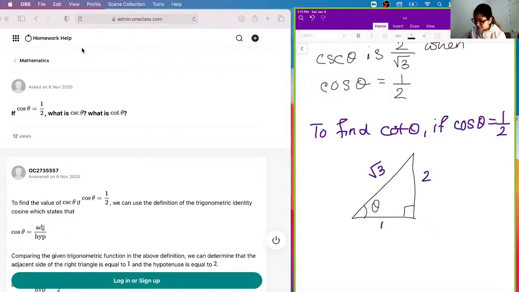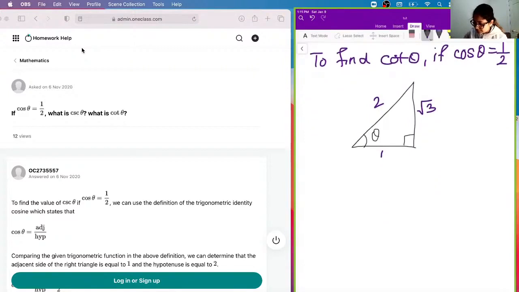Since we know the adjacent side is 1, the hypotenuse is 2, and root 3 is the opposite side, we can substitute these values in the trigonometric identity for tangent theta. Tan theta is opposite over adjacent.